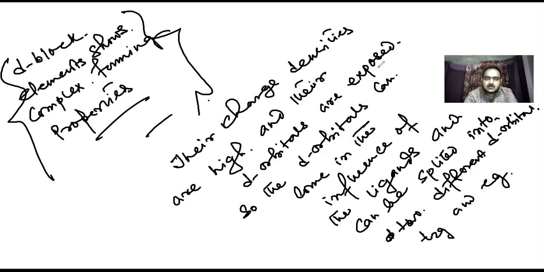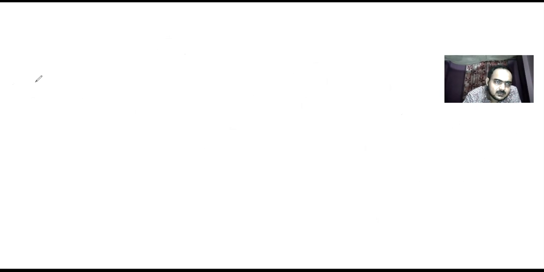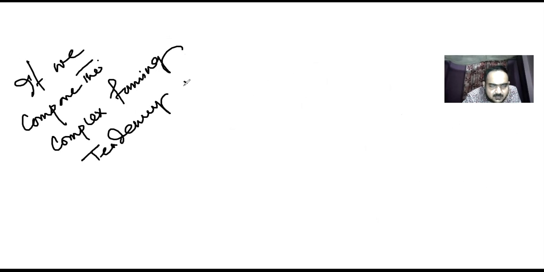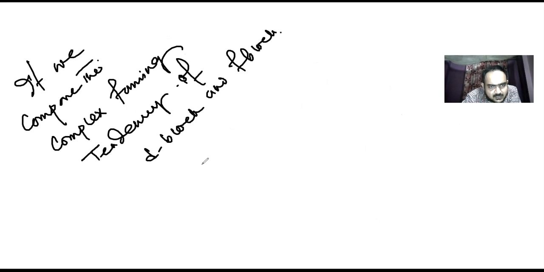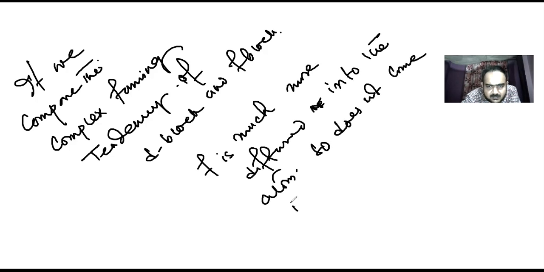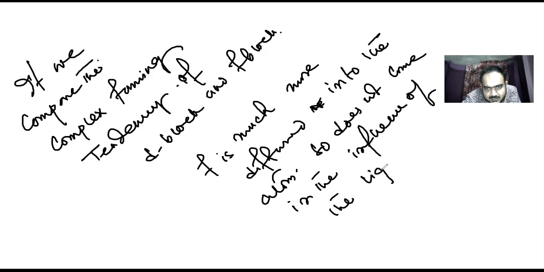The d orbital is much more exposed, but if we compare the complex forming tendency of d block and f block elements, the f orbital is much more diffused or buried into the atom, so it does not come under the influence of the ligands.